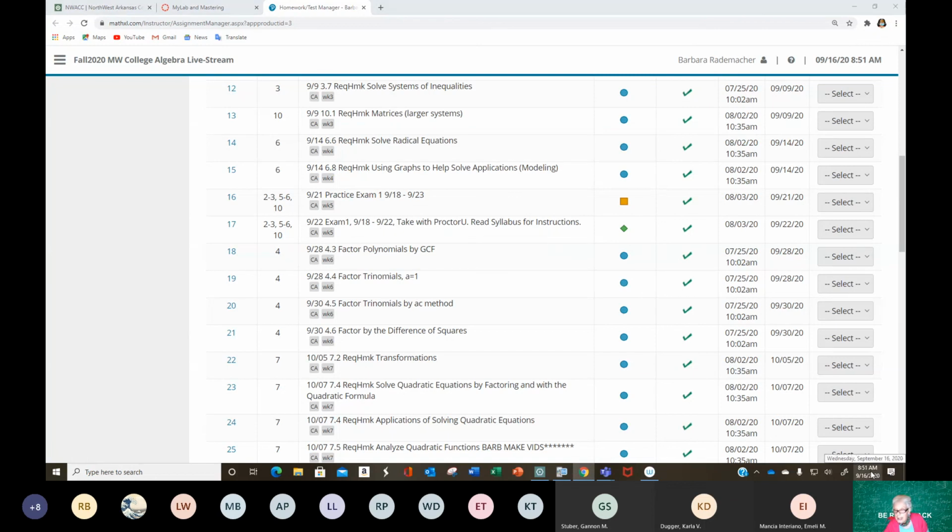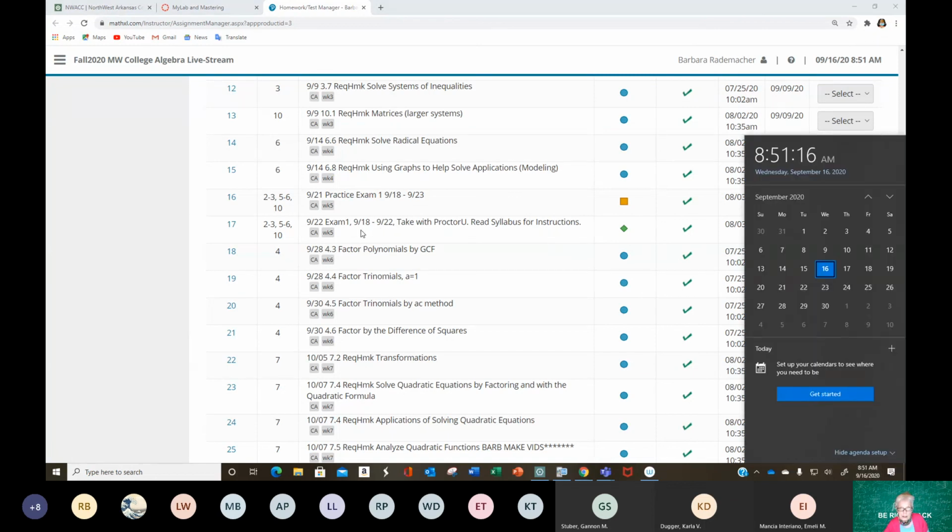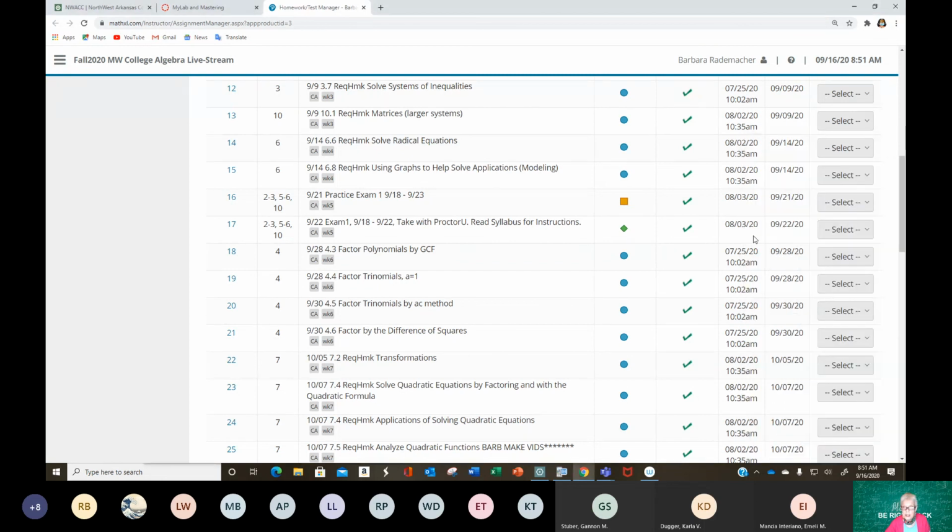Now the first day, okay, I don't know what I was thinking because this, factoring polynomials, a review of that, because you're going to need it. We are going to do that.